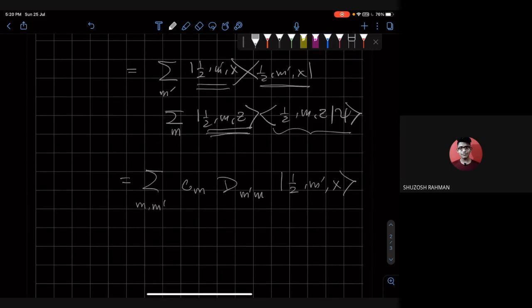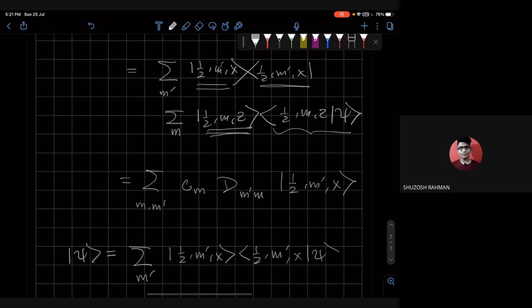Now, I could have expressed my original vector psi in the X basis. And if I had done so, then I would have gotten something like D M prime, half M prime X, half M prime X psi.